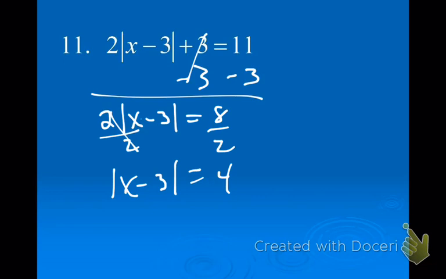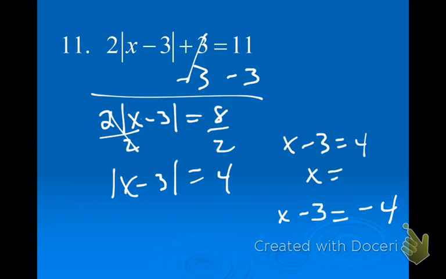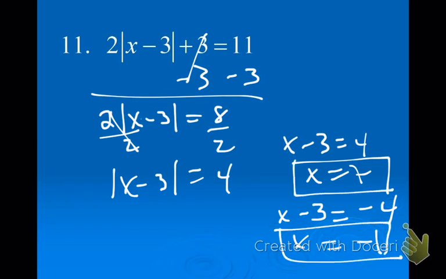We know that x minus 3 can be 4. Or x minus 3 can be negative 4. Add 3 and x is 7. Add 3 and x is negative 1. Okay?